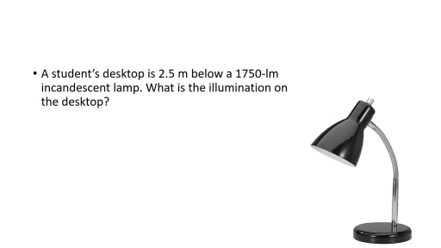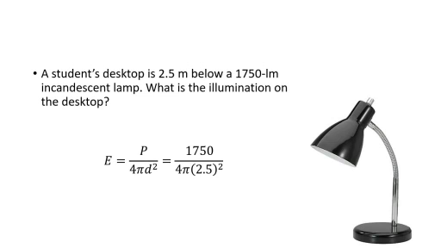All right, example. A student's desk is 1.5 meters below a 1,750 lumen incandescent light bulb. What is the illumination on the desk? So basically, how bright is the desk?